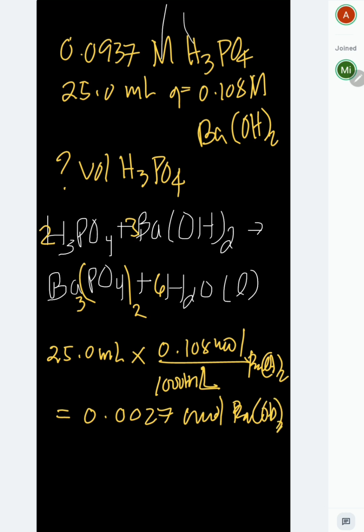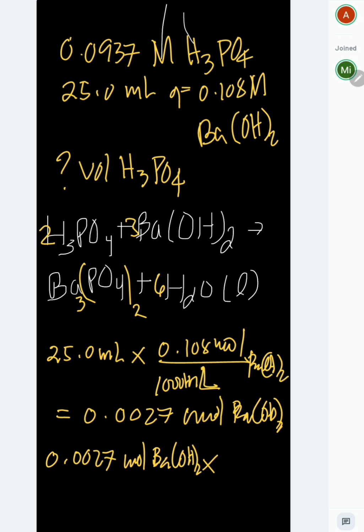And then we use this number of moles to get the number of moles of phosphoric acid. So from here, 0.0027 mole barium hydroxide times the mole ratio.